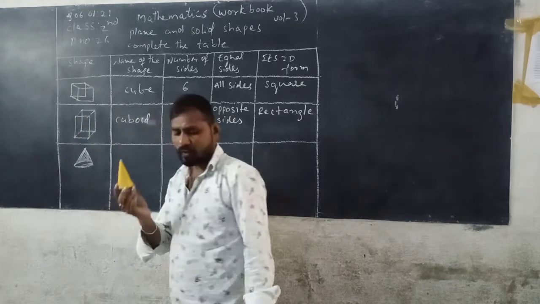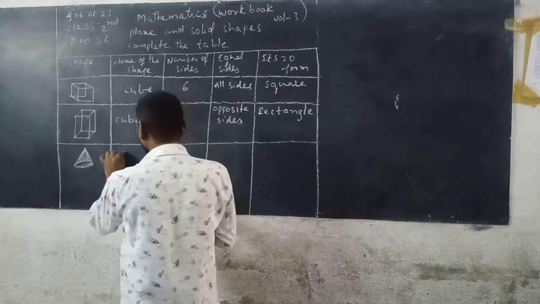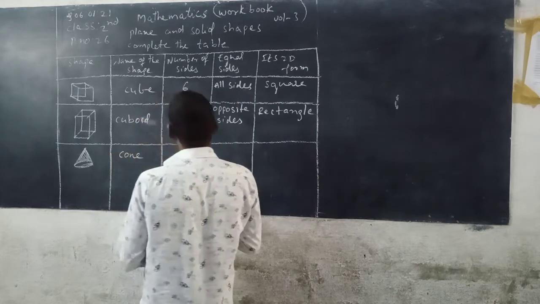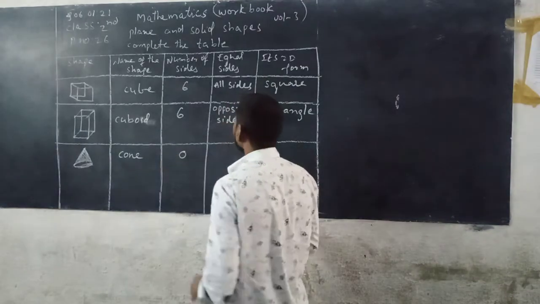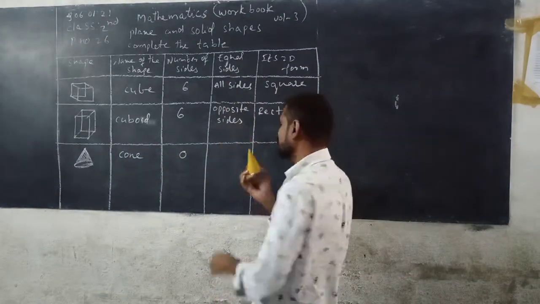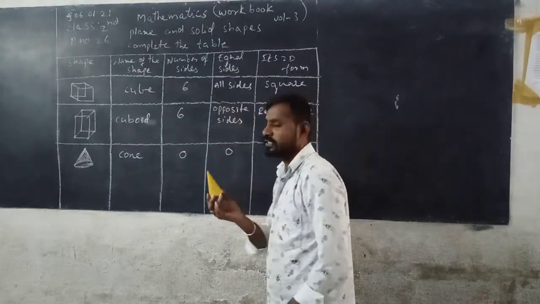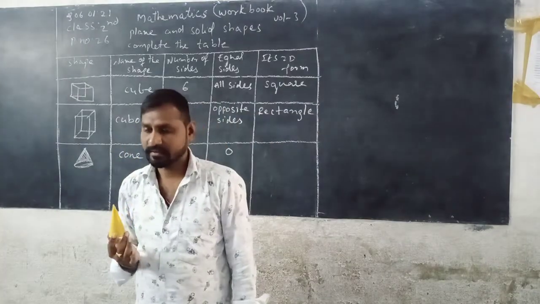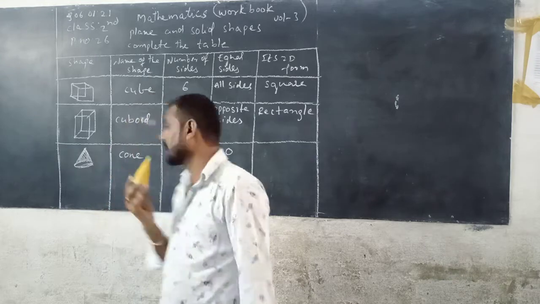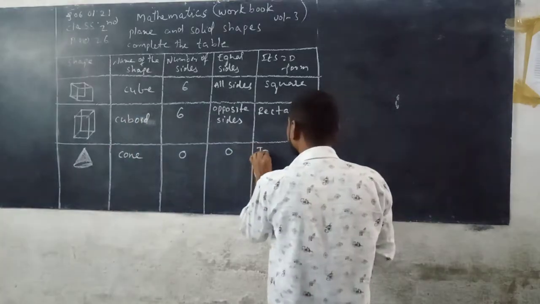Okay, cone. What is the name? Cone. Number of sides: there are no sides, 0. Equal sides: no equal sides, 0. So what is the 2D shape of cone? Triangle. Write down here, triangle.